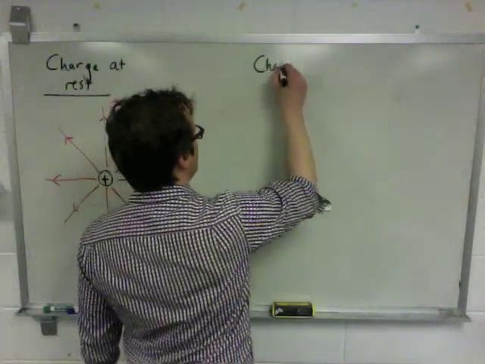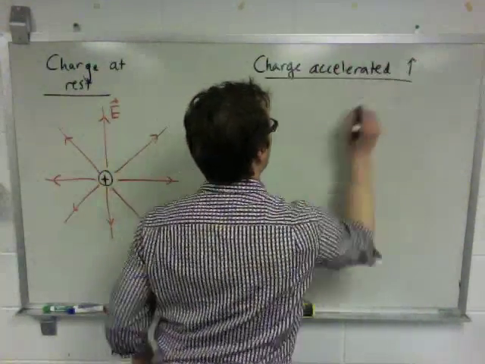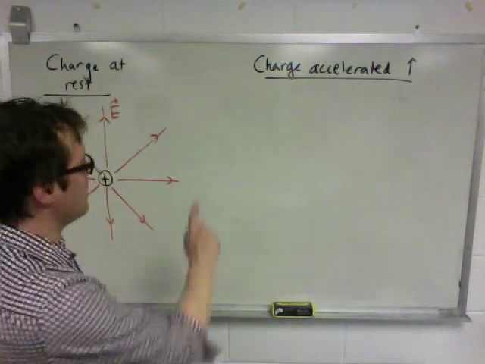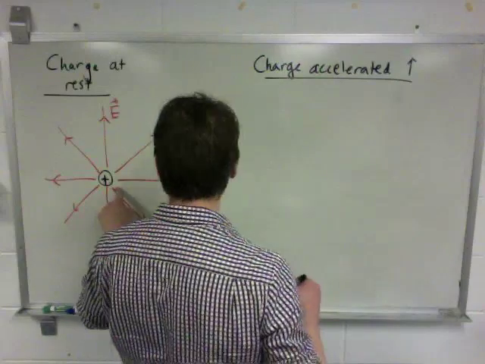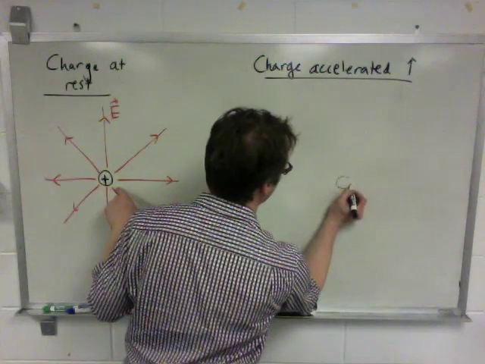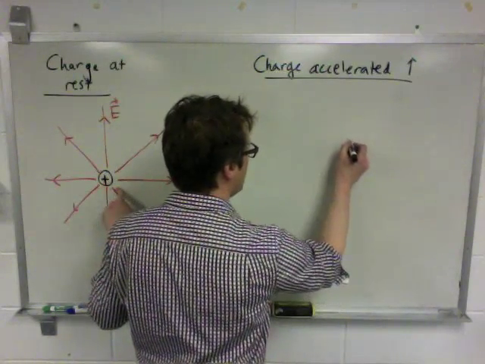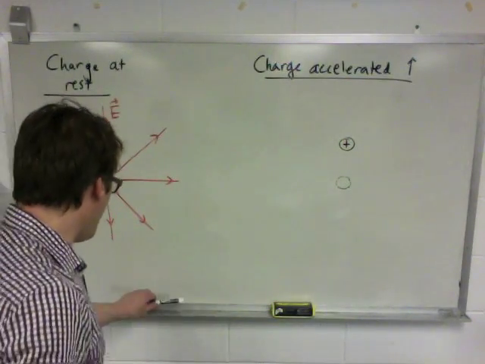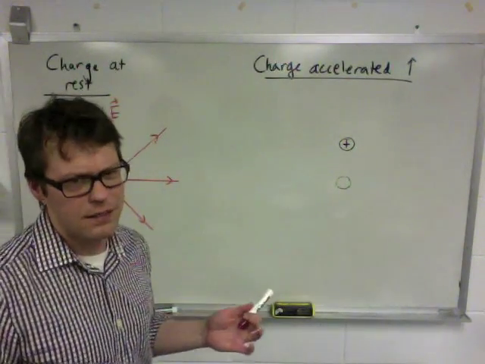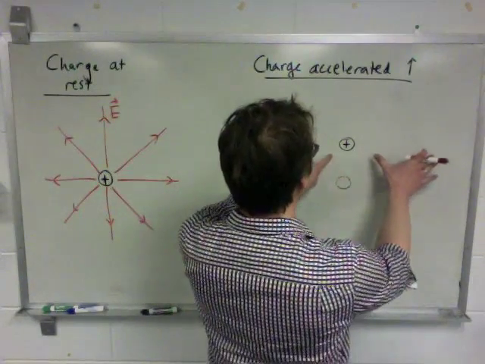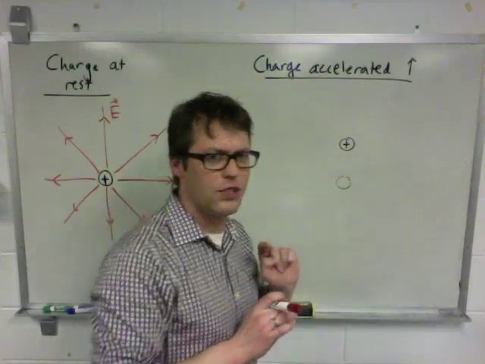Now let's take this charge and let's push it in the positive y direction. Let's push it up. What's going to happen? Well, if the charge was originally right here, then at some later time it will have made it up here. And you may think that the electric field lines would just travel right along with the charge.